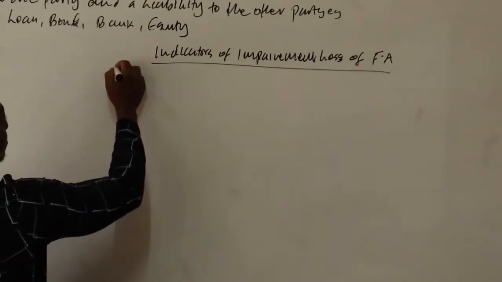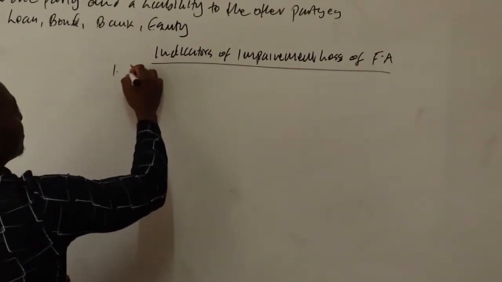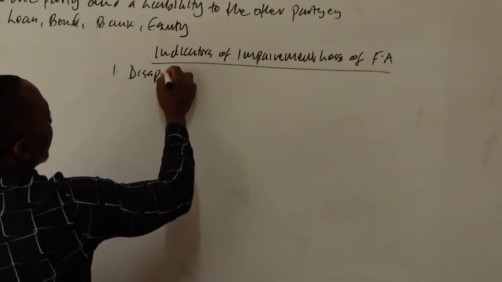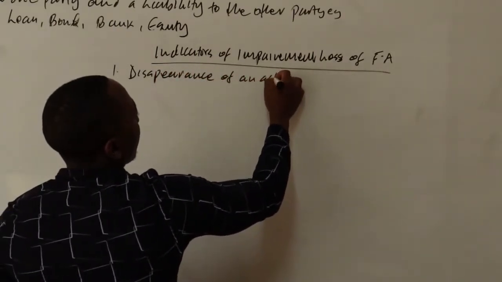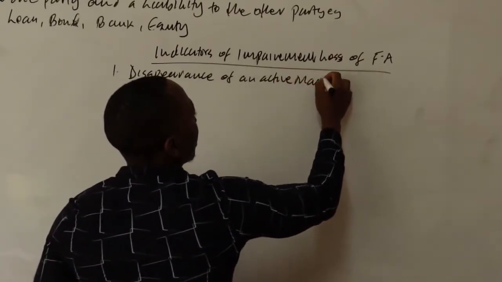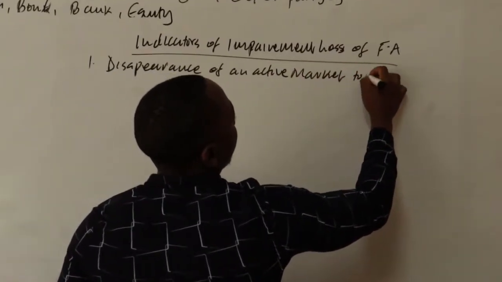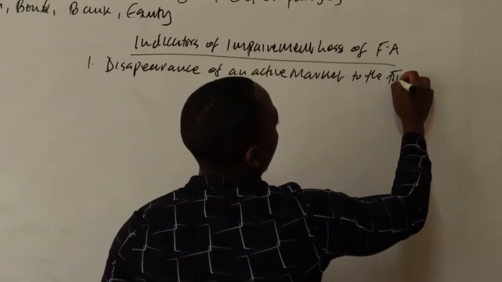So what are those indicators? Number one, disappearance of an active market for the financial instrument.